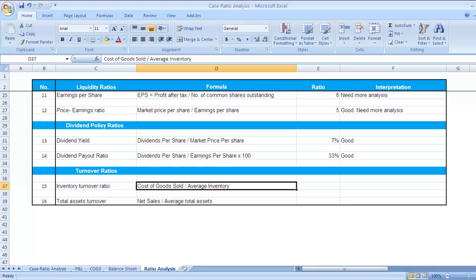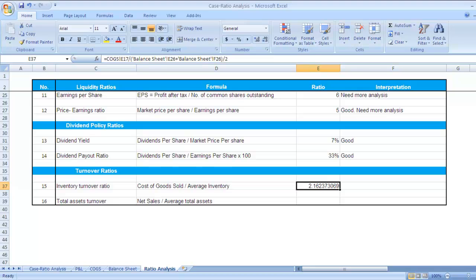The inventory turnover ratio indicates the efficiency of the firm in producing and selling its products. In a manufacturing company, inventory of finished goods is used to calculate inventory turnover.